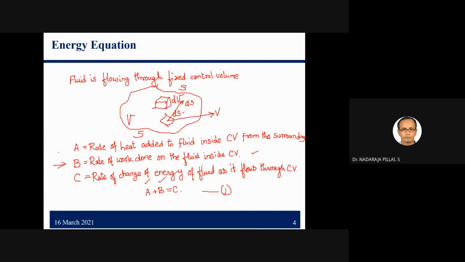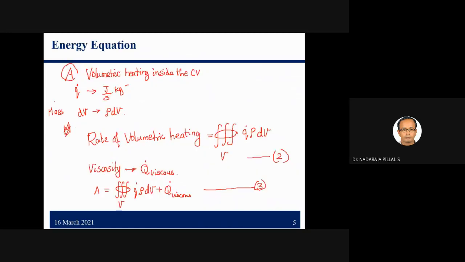We apply the same principle to the fluid element dV, and we consider first the rate of heat added to the fluid, then the work done on the fluid, and then the rate of change of internal energy. First, the volumetric heat addition inside the control volume. We consider the rate of volumetric heating and the heating because of the viscous nature.